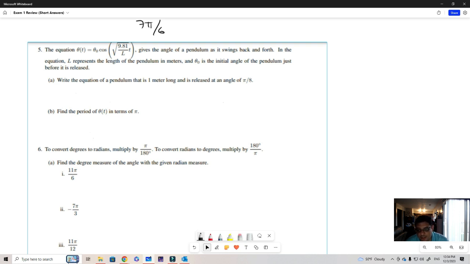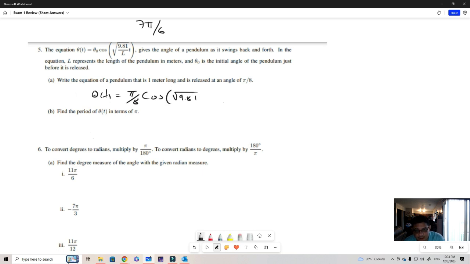We want to write the equation of the pendulum that is 1 meter long and is released at the angle of pi over 8. So we're essentially here replacing the theta 0, which is pi over 8, and we're also replacing the L, which is 1. So it's just a simple matter of applying what we're reading.